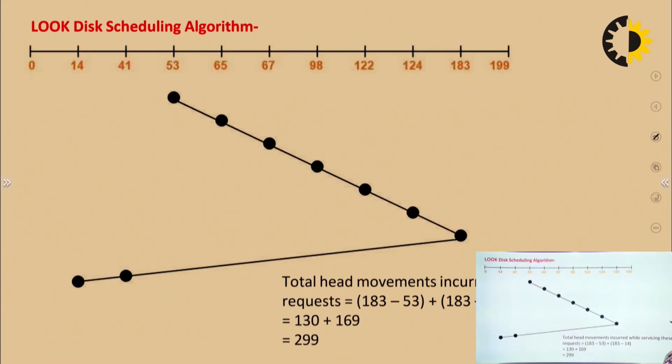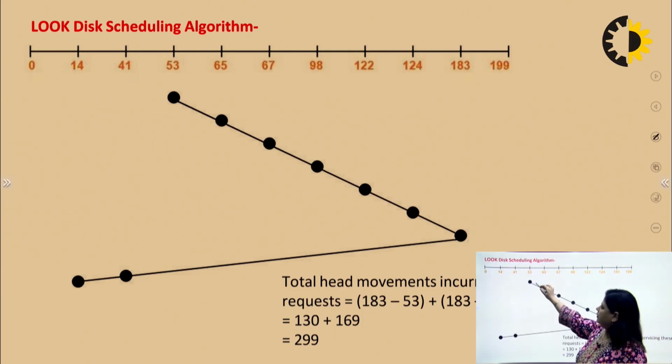Now we consider the head movements in the disk scheduling algorithm according to the problem. In the case of LOOK, it is said to be similar to SCAN, but it stops at the last request instead of going to the end of the disk.